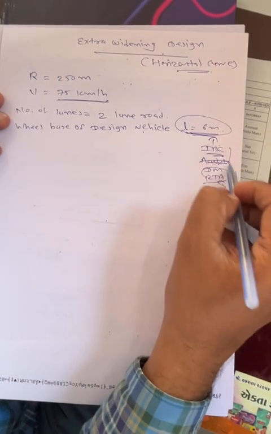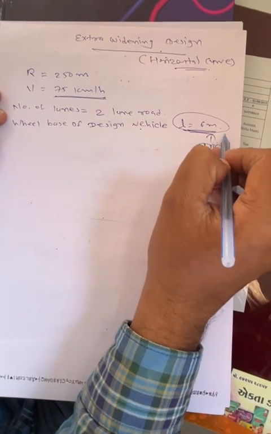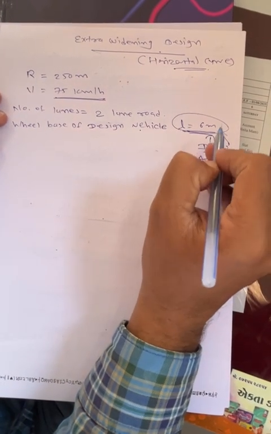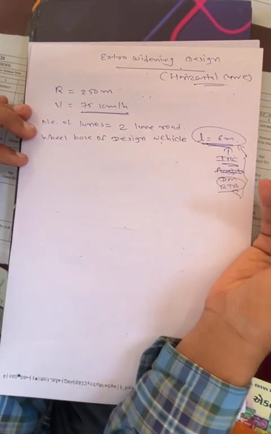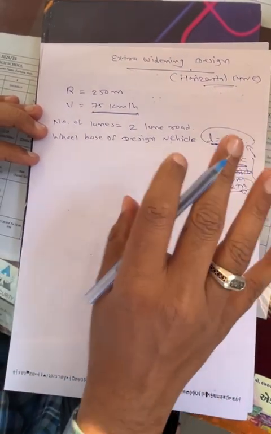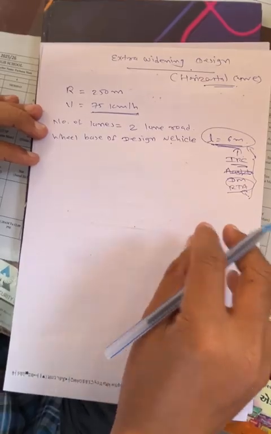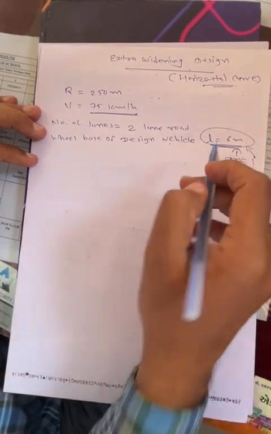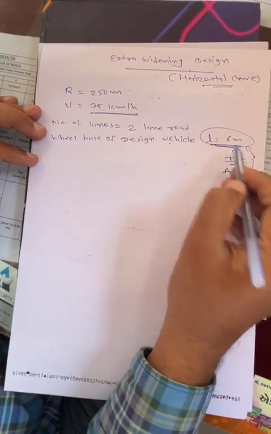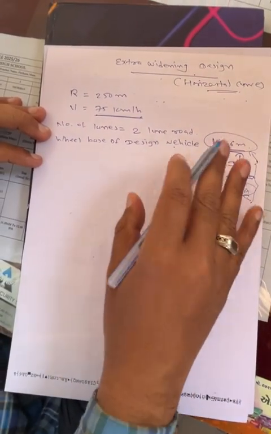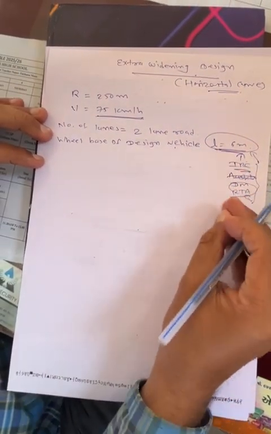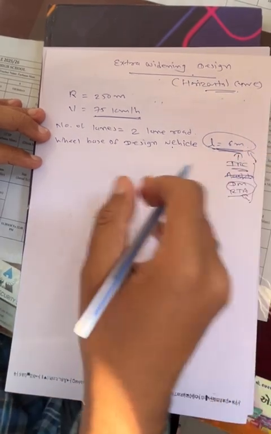All the codes have these values, but the value has a minor change. Someone has 5.99, someone has 6.1 or 6.2, this much. So you have to make your concept proper. The rest of the things, like values, you can check in the codes after that. If your concept is clear, then the value is a minor thing. You can check the code and put the value.